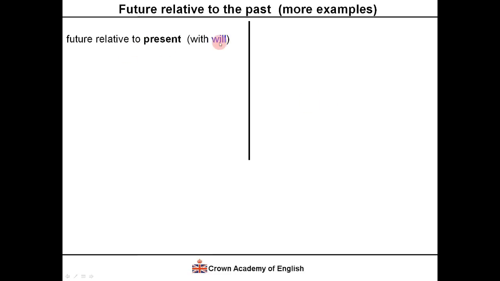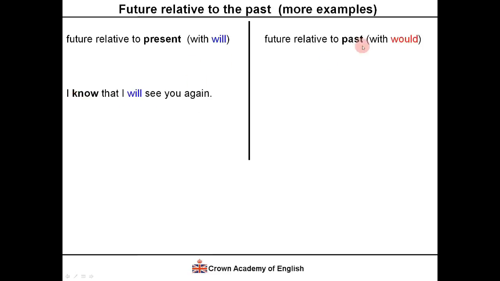Future relative to present with will: in the present, I know that I will see you again. But in the past, we can say, I knew that I would see you again. So knew is the past form of know, and I would see you again is future relative to this past. So this happens after this.